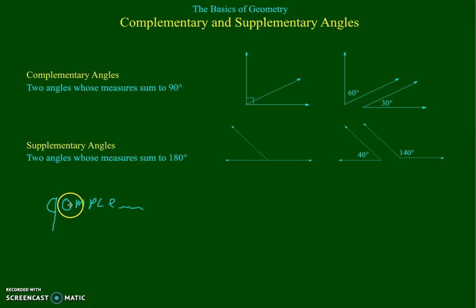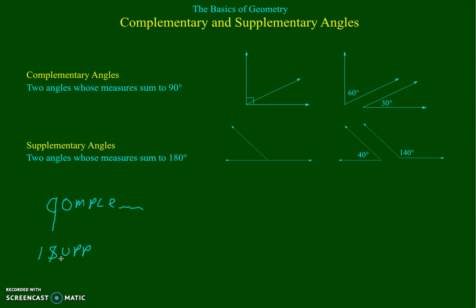What do you get? 90. So complementary gives you 90. And if you look at supplementary, you get 180. So it's just a quick little thing that might help you. It might not. But complementary angles add up to 90 degrees, and supplementary angles add up to 180 degrees.